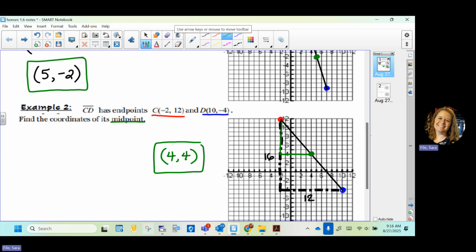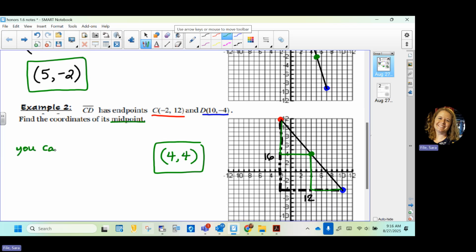And I could have done it from here. I could have come 6 back this way and up 8. It doesn't matter which endpoint you count from if you're going half. Does that make sense? So I'm just going to put a note.